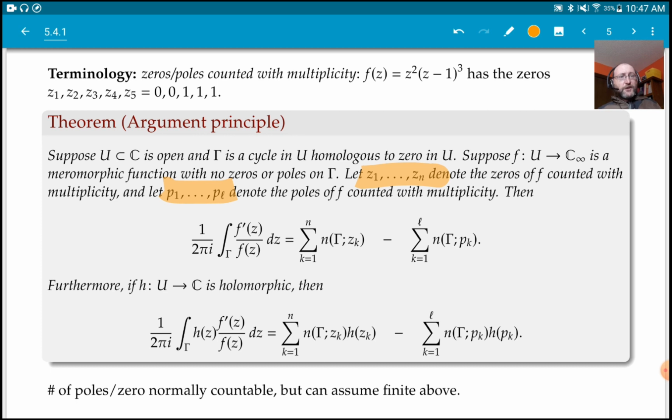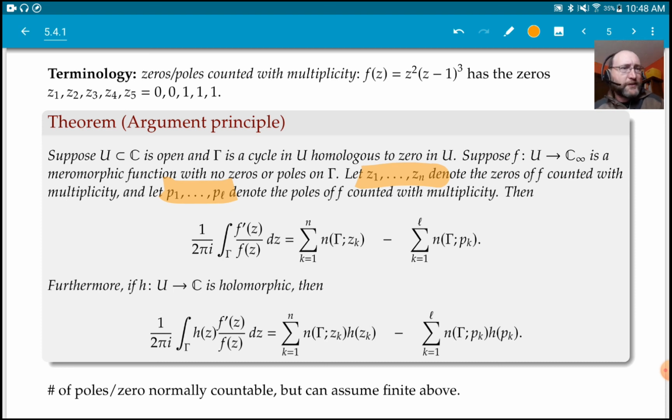And so you could really do this with a slightly smaller U. And you can always make U slightly smaller so that f has finitely many zeros and finitely many poles, still for the same gamma. It's a little bit of a technicality to prove, but you can always assume that the number of zeros and number of poles is finite when you're applying this. But it's a little bit of a technicality. You have to sometimes handle it.